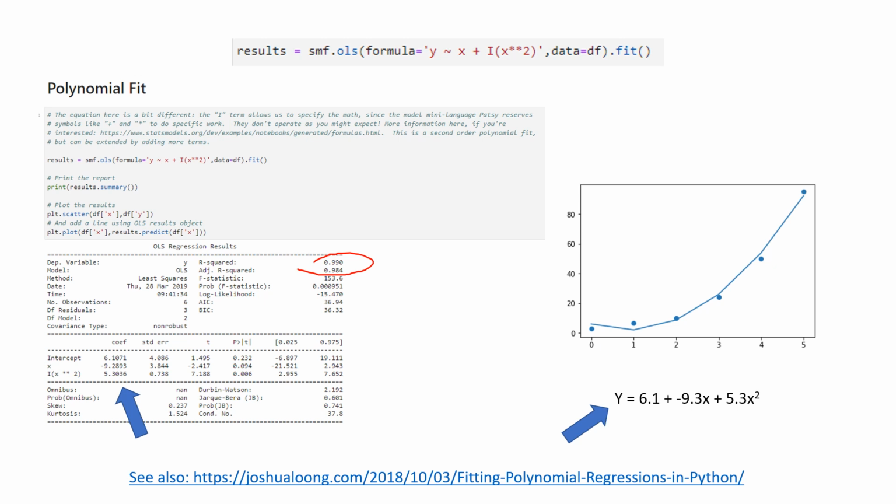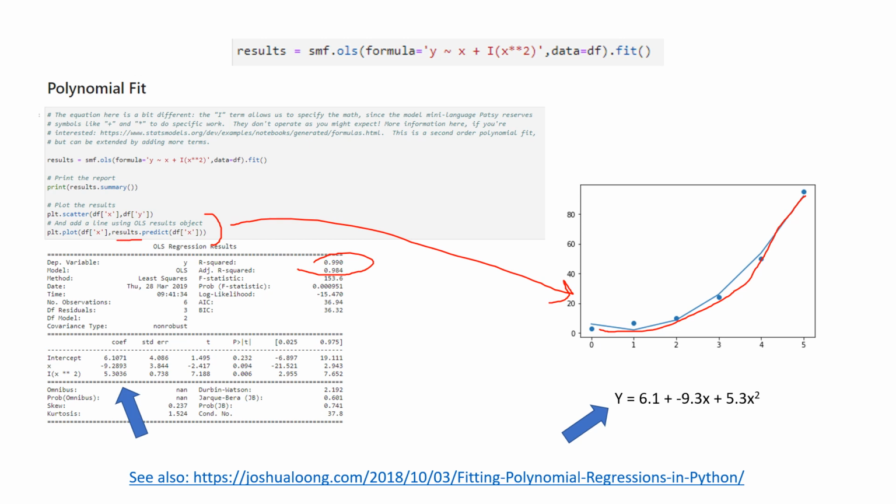The other thing I would direct your attention to is the way we're getting our best fit line right here. We're actually interpreting the predicted values off of our original ones and using this results object to predict them.